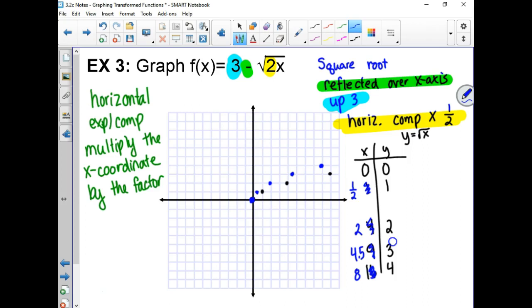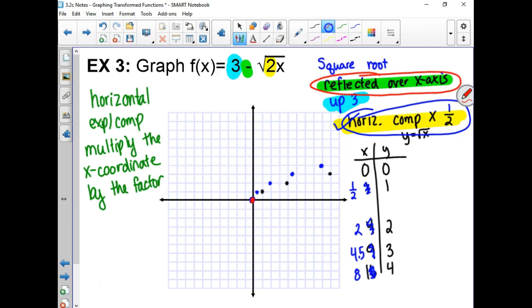So our blue points here took care of that horizontal compression. So that is done. Now we need to reflect those over the x-axis because we have to do that before we move anything up, down, left, or right. So now we're only looking at the blue points, and we want to flip all of those over the x-axis. I'm going to do this in red here.